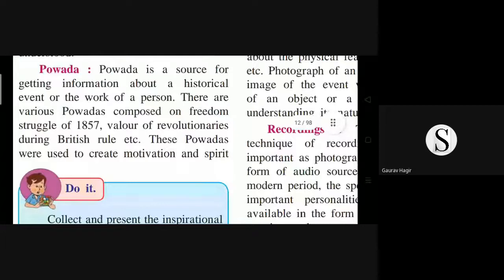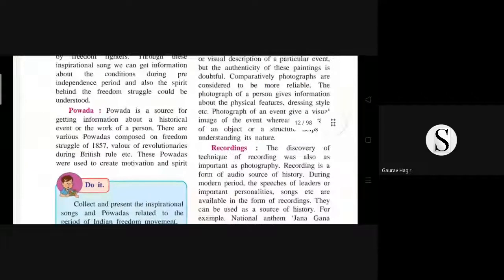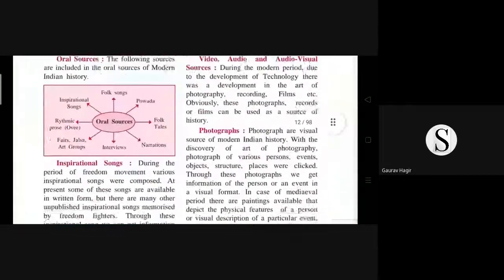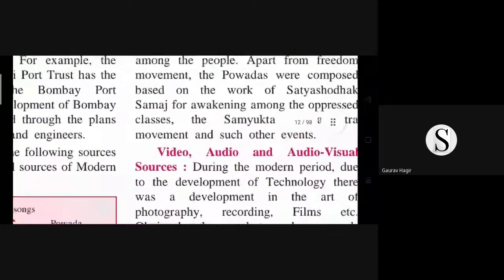Povada. Povada is a source for getting information about a historical event or the work of a person. There are various povadas composed on the freedom struggle in 1857, where the valor of revolutionaries during British rule, etc. These povadas were used to create motivation and spirit among the people apart from the freedom movement.